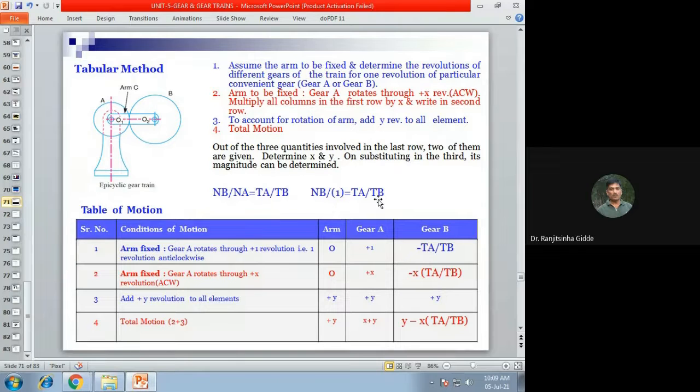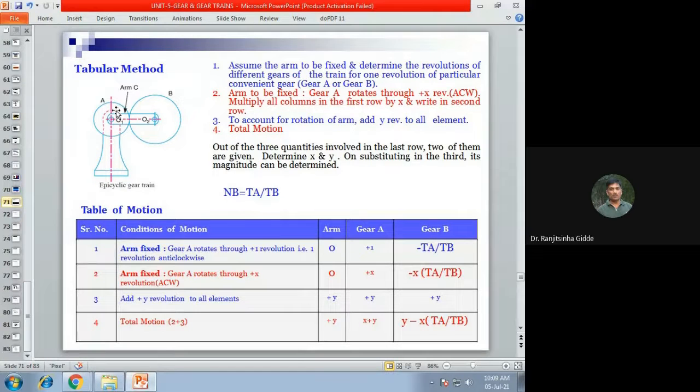समजलं का? Okay. Then what is remaining: NB is equal to TA upon TB.